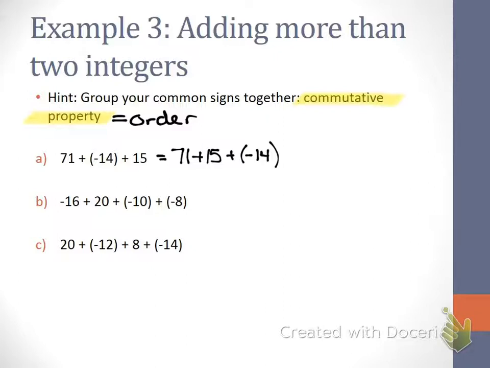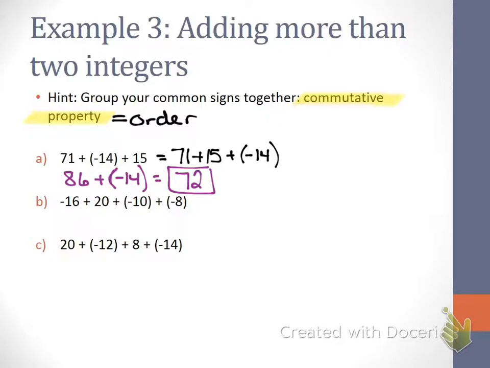So what's 71 plus 15? 86. And now I've got my plus negative 14. And now it's different signs, subtract and take. And I get, is it positive or negative 72? It's positive. Why? Because 86 is higher. Very good. Because my higher absolute value is positive.